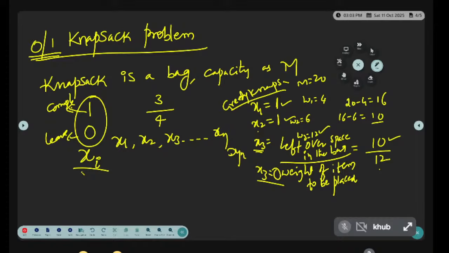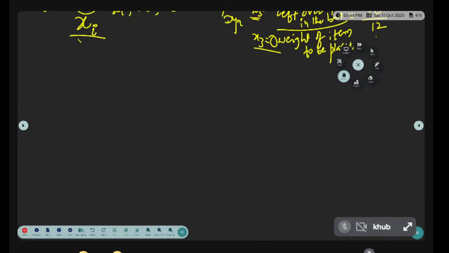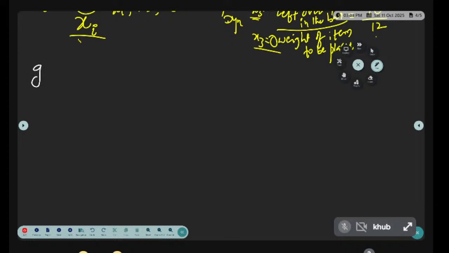Write down the mathematical notation to solve the 0/1 knapsack problem using dynamic programming. The formula, see here: G_i of M.